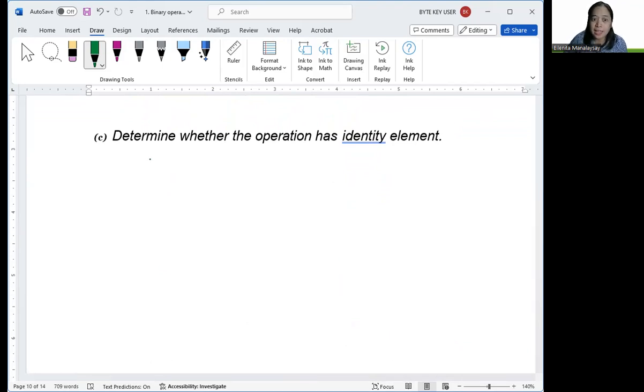If there is an identity element, we will let x and, I think, a null set be elements of the power set of A. What should we intersect with x?